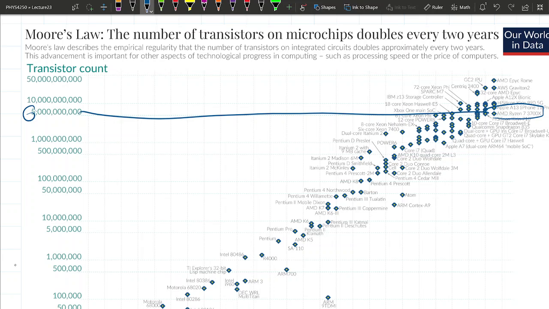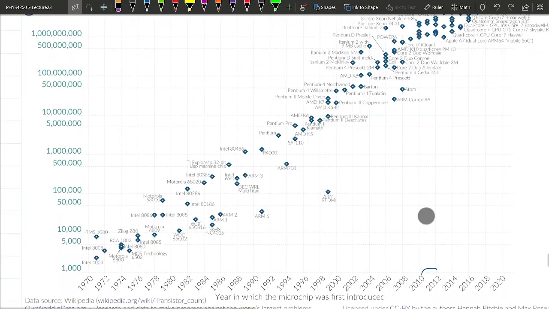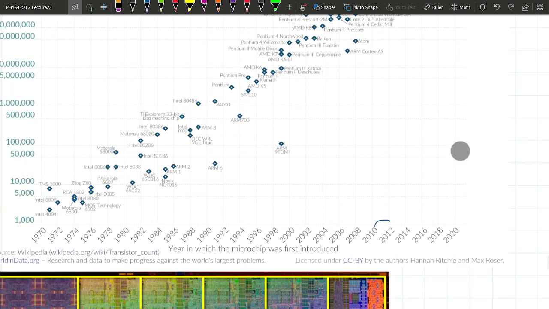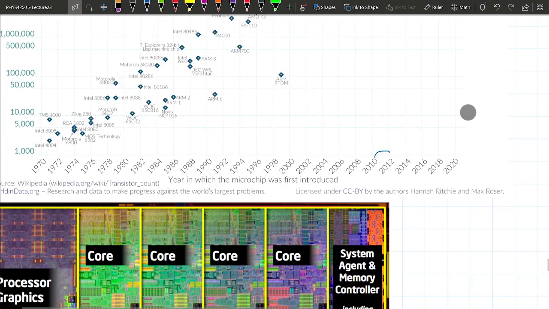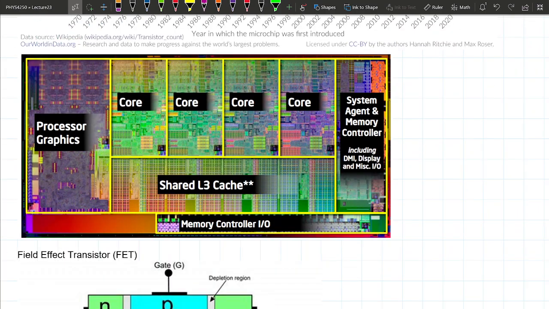You can look up your CPU and see how many transistors are inside. I think this is up to date to 2020, so if you have a very new CPU, you may not see it.